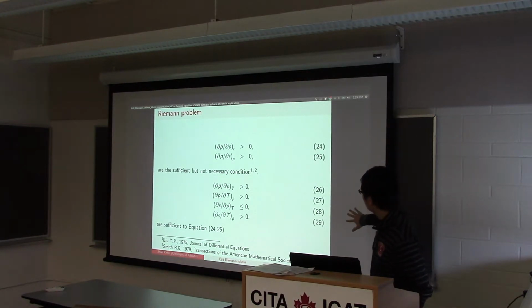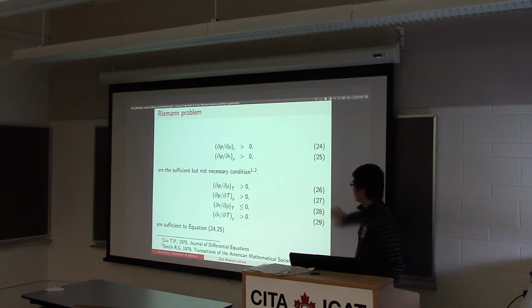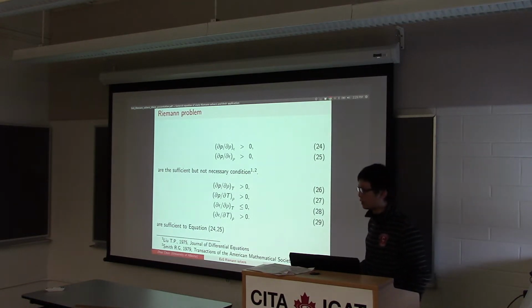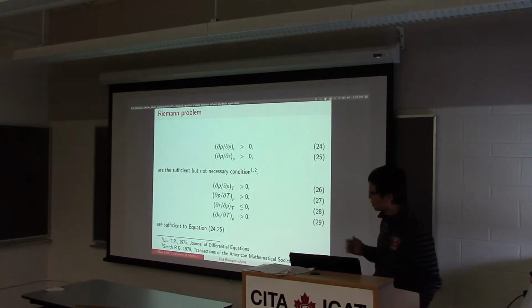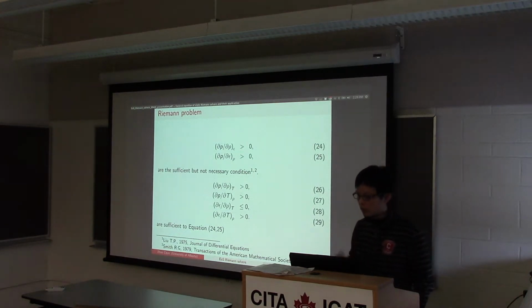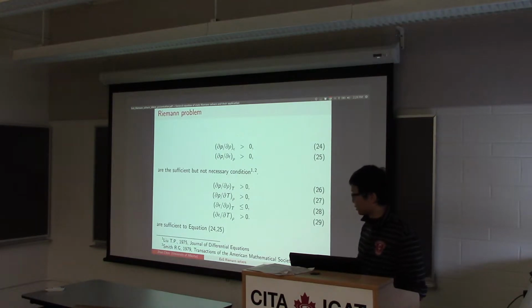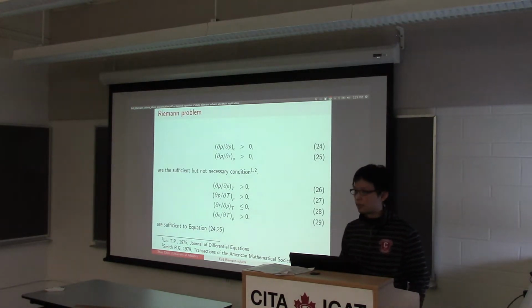I think these 4 relations are more understandable in terms of ideal gas, because in ideal gas the pressure increases as density or temperature increases. And almost all gases should satisfy that.